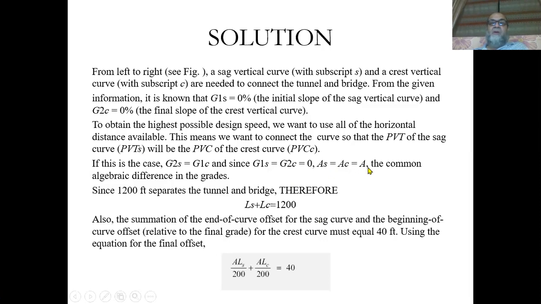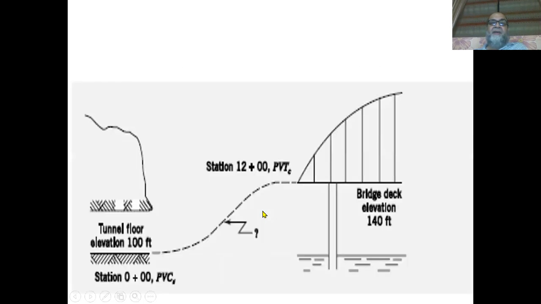Now, we know from fundamentals that K is equal to L over A. So we can write LS over AS plus LC over AC is equal to 200. The length of the sag curve and the crest curve together is 1200 feet.